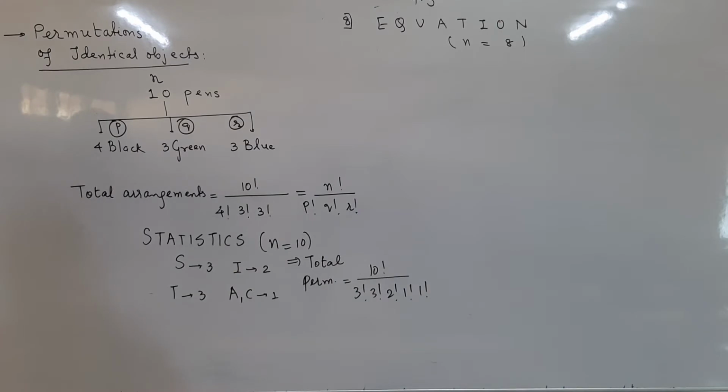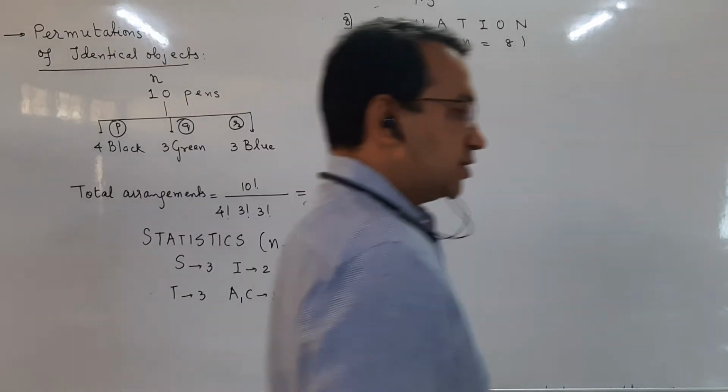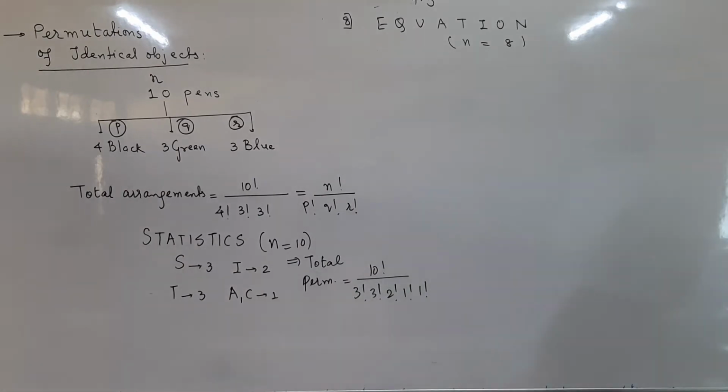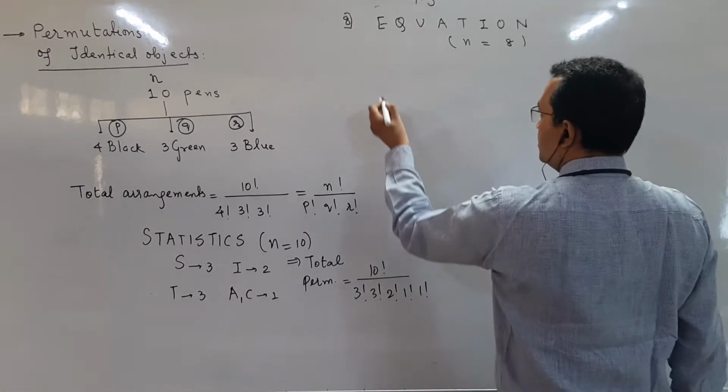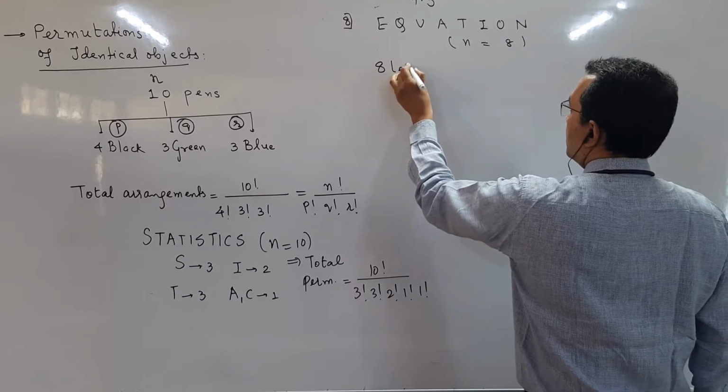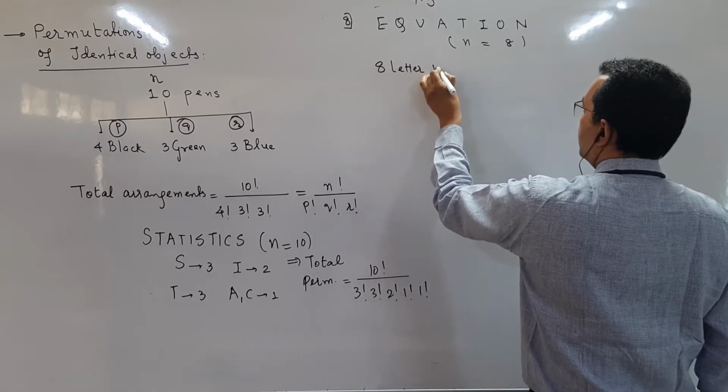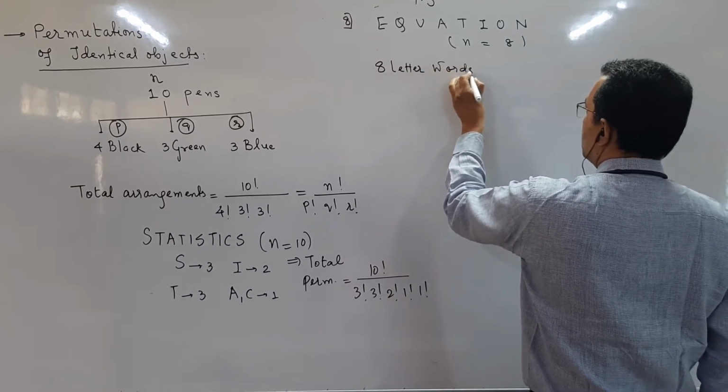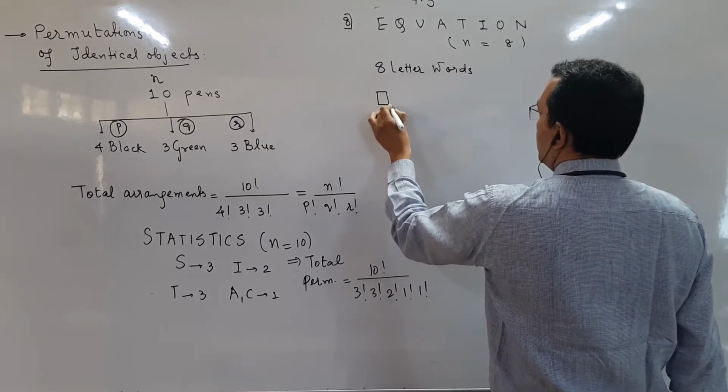The word equation has n equal to 8 letters. So I have to form 8 letter words. So students, correspondingly I draw 8 boxes.